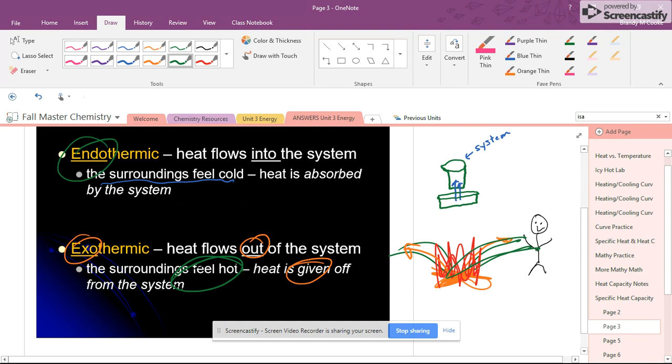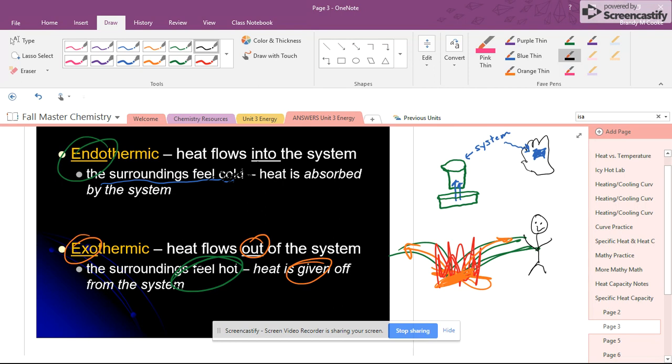An example where we are the surroundings for an endothermic exchange would be, that's a hand, big hand, don't worry about that. And here I have an ice cube. If the ice cube is the system, then it's an endothermic heat exchange because my hand feels cold. It feels cold because it's literally taking the energy from my hand.